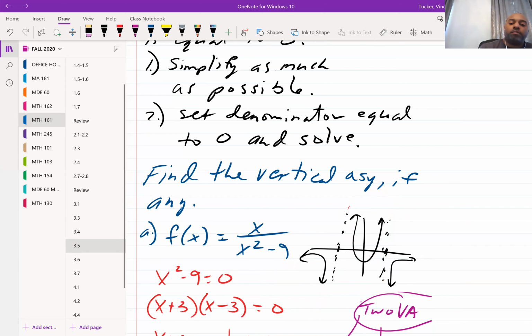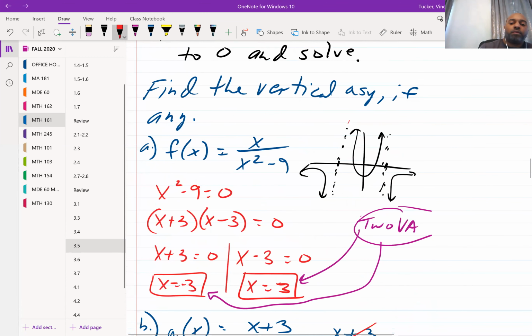So there's nothing we can do as far as simplifying this expression. So you just go ahead and set the denominator equal to 0 and solve. So x squared minus 9 set it equal to 0. So x plus 3, x minus 3 if you decide to solve by factoring. And that'll give you x equal to negative 3 and x equal to 3.